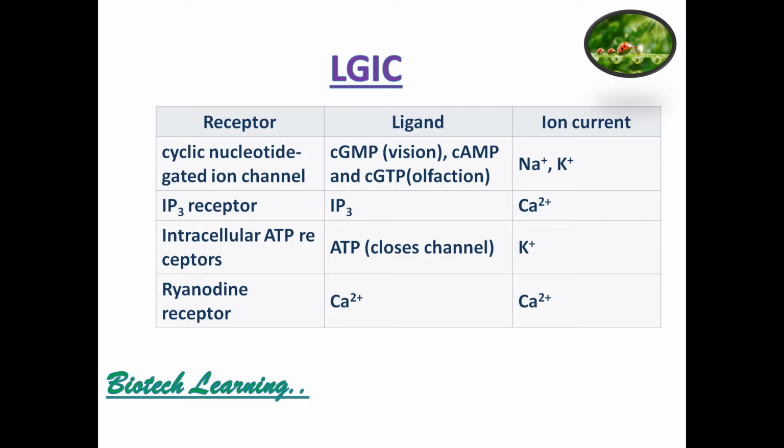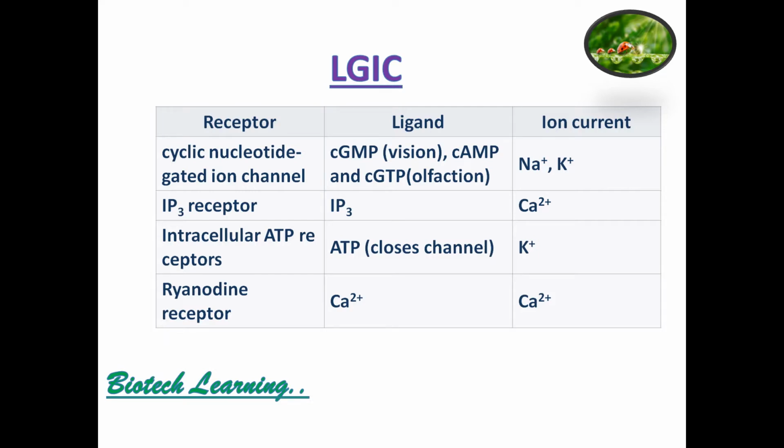Another type of receptor is IP3 receptor. So from the name itself we understand that the ligand that binds to this receptor is IP3, inositol triphosphate, and the ion current is calcium. That is, calcium ion flow is controlled by this ligand-gated ion channel. And you have intracellular ATP receptors, and the ligand here is ATP.